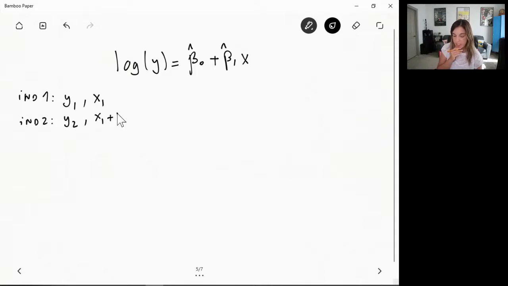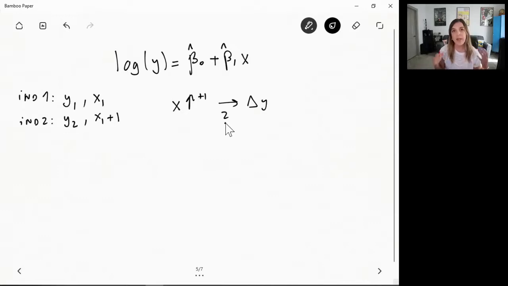Now we want to understand what happens when we increase x by 1. How does y change? As I just mentioned, this is not as straightforward as a typical regression because we have the logarithms, but we will be able to derive something useful.